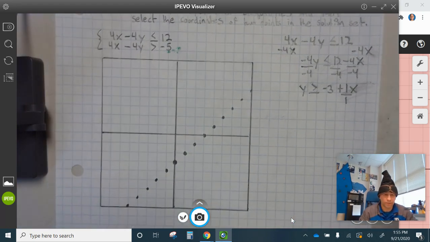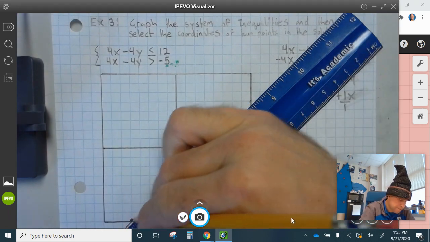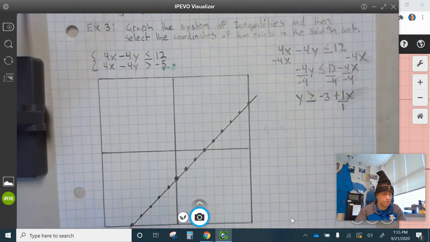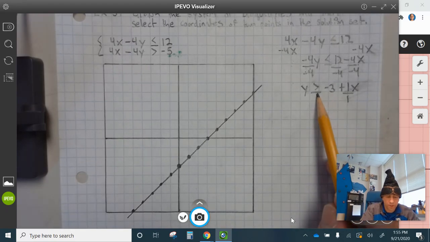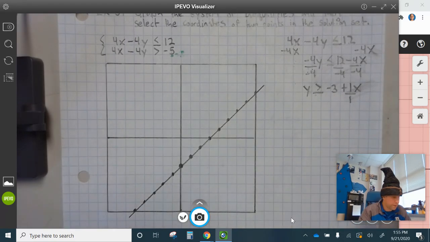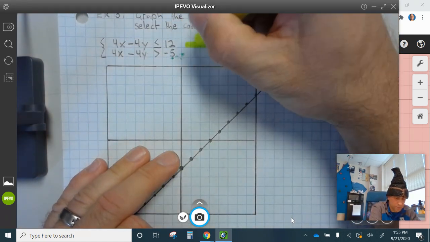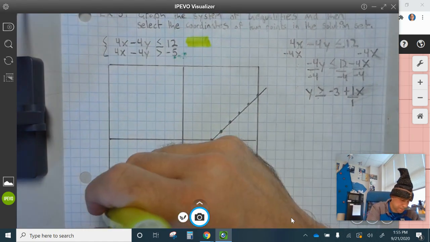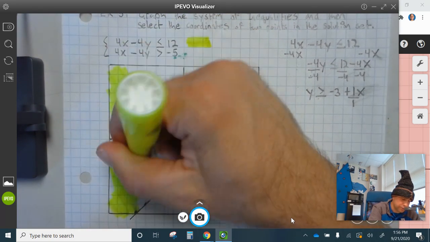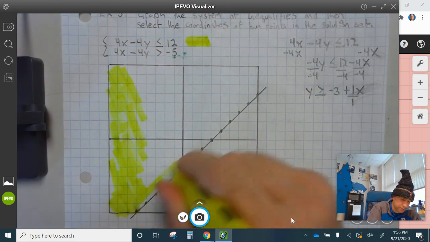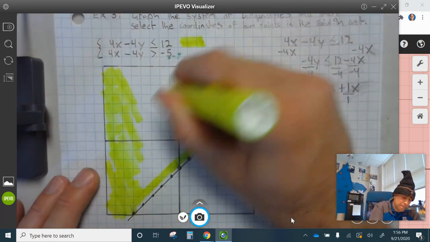We know that this is a solid line. And we're shading above because it's greater than. So this one we're going to shade in yellow. And hopefully you're not using a green highlighter because we discovered in the last example that green really doesn't work well.